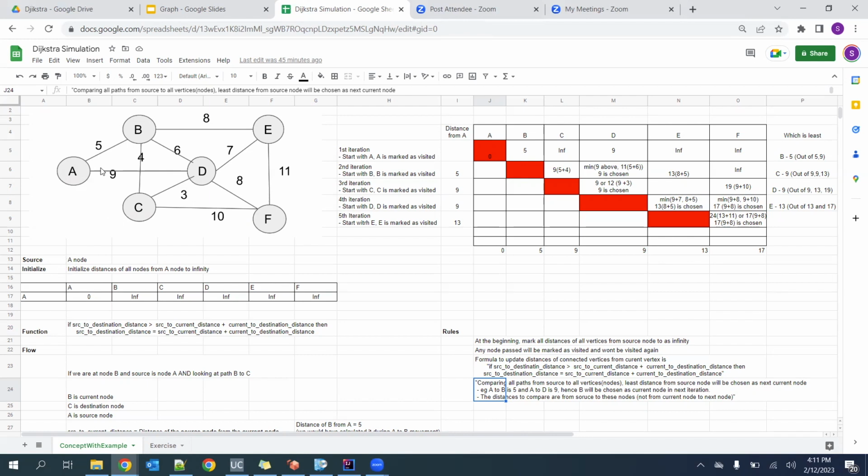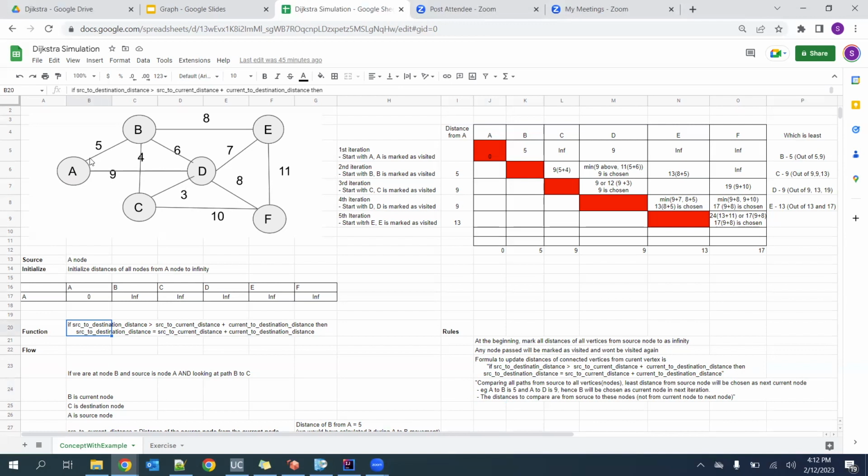First thing we do in this algorithm is we mark the distance of each vertex or each node from A as infinity. So everything is marked as infinity. Now we follow one rule, and this is the main crux of this algorithm. Let's say we are calculating from A to C, for example.